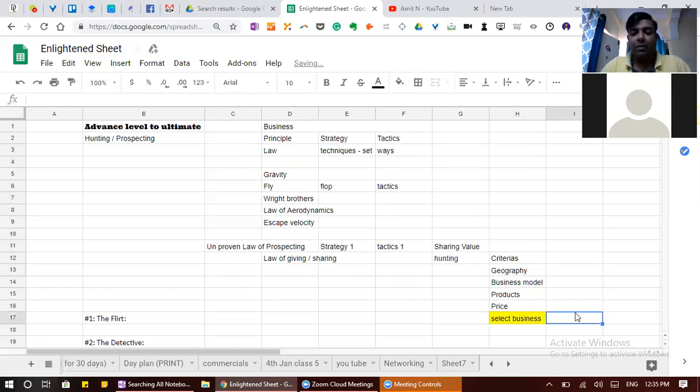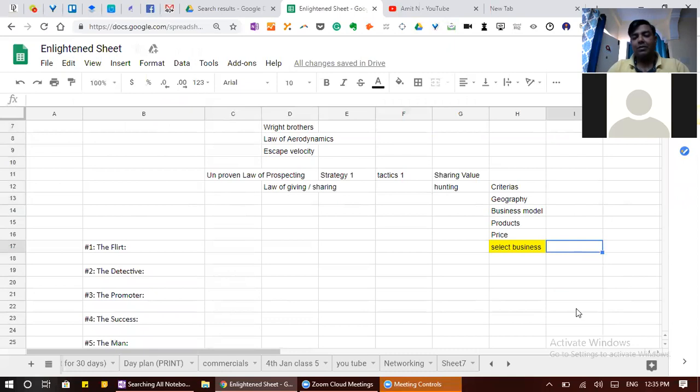Now, after we select the business, we have a lot of options: business one, business two. You have figured out with these criteria what kind of options we can have. Let's say we zeroed in on option X. He has good geography, I mean, your availability is better. You can talk to this guy, you know some people in that area, you know the language.